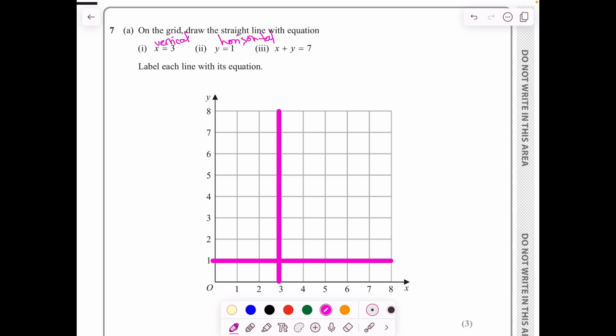x plus y equals 7, maybe a little bit harder, but have a look. So whatever x and y are, they add to make 7.